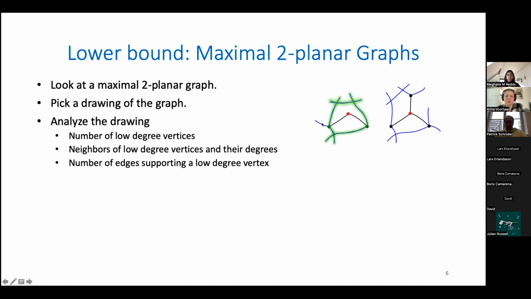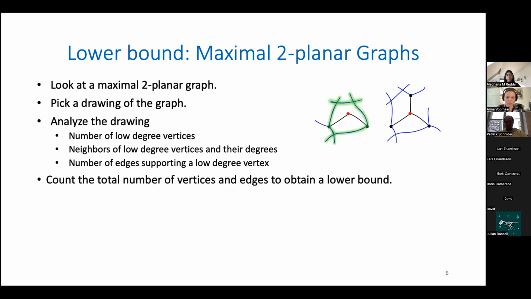So these crossed edges are mandatory to be present around this vertex and support this vertex. And once we have all these properties from the drawing, then we can count the number of vertices and edges and obtain a lower bound.